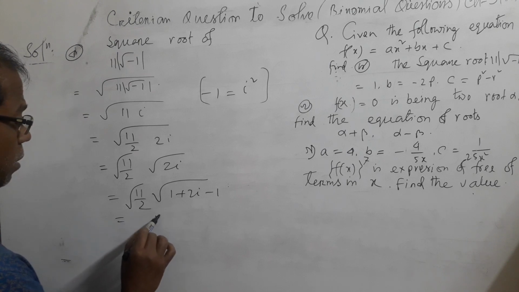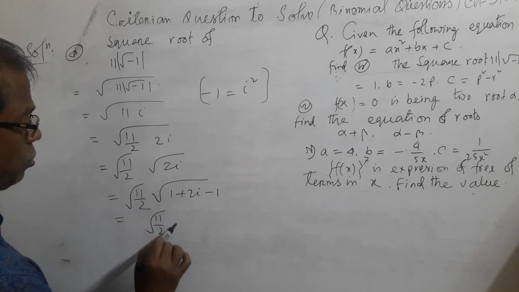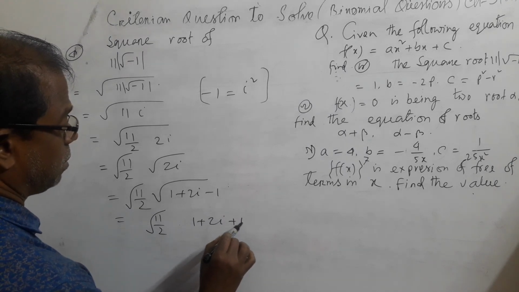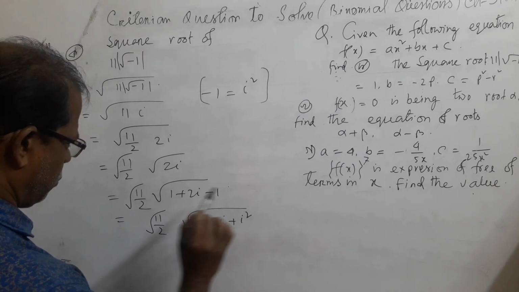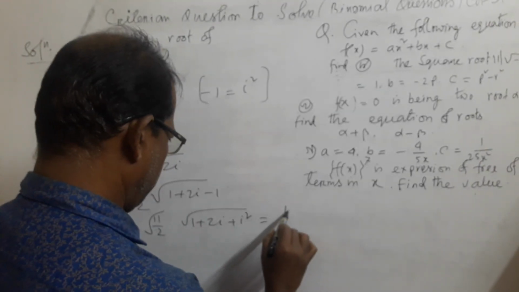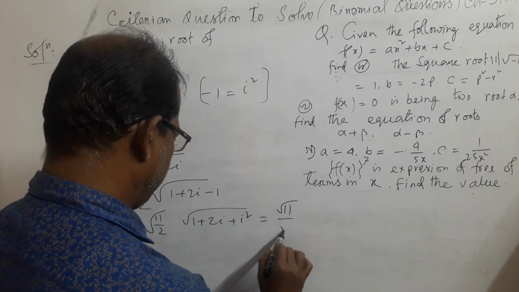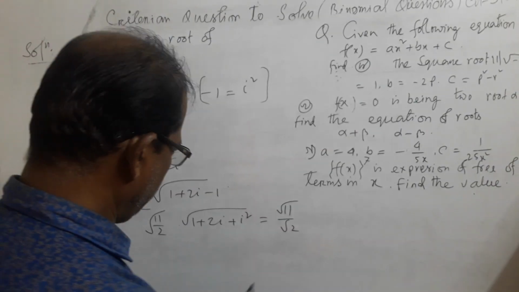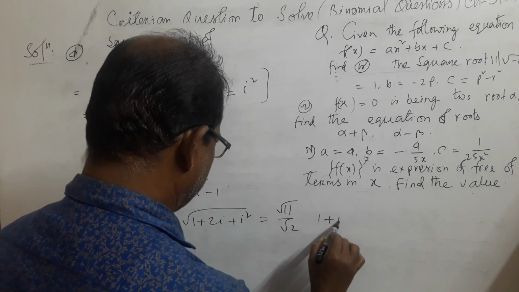That's why 11 divide 2 root into 1 plus 2i minus 1, that is 1 plus 2i plus i square, which is equal to root 11 divided by root 2 into the whole square root of 1 plus i.